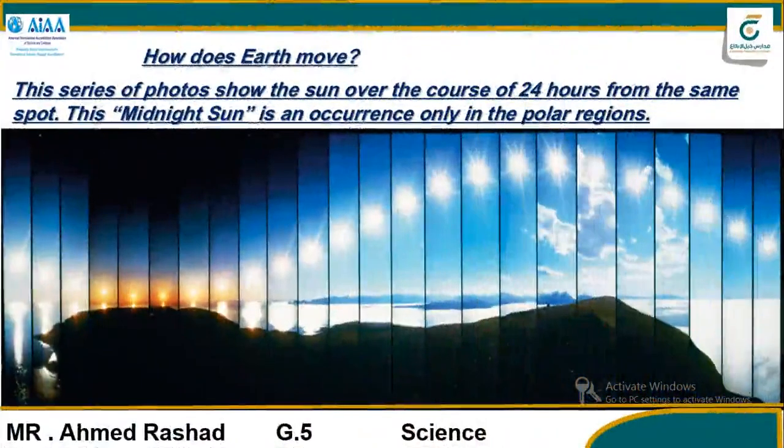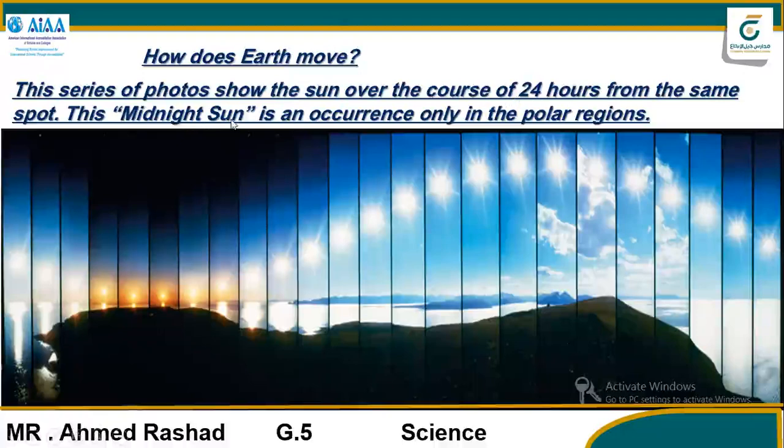Before knowing the learning objectives for today, how does Earth move and how does it make day and night? You can watch the different positions of the Sun over the day. The series of photos shows the Sun over the course of 24 hours from the same spot.